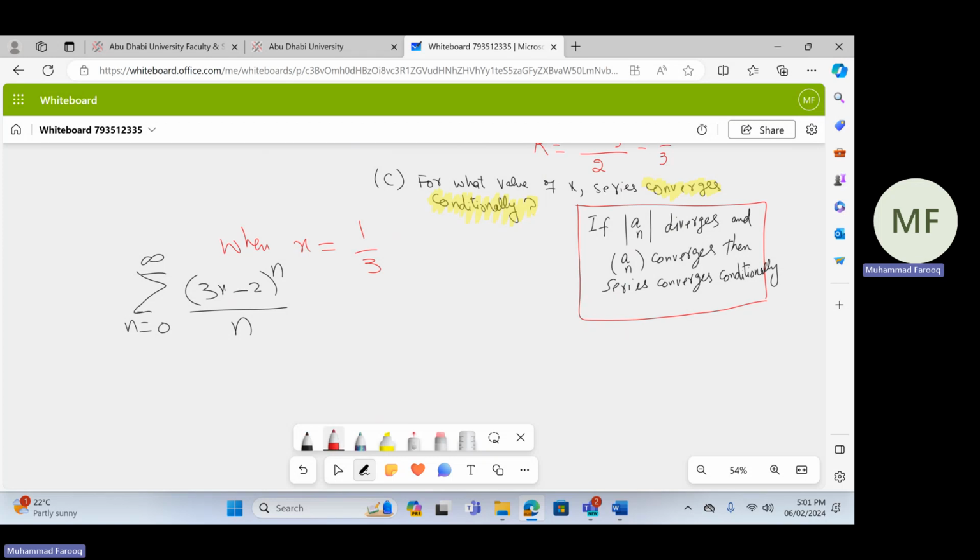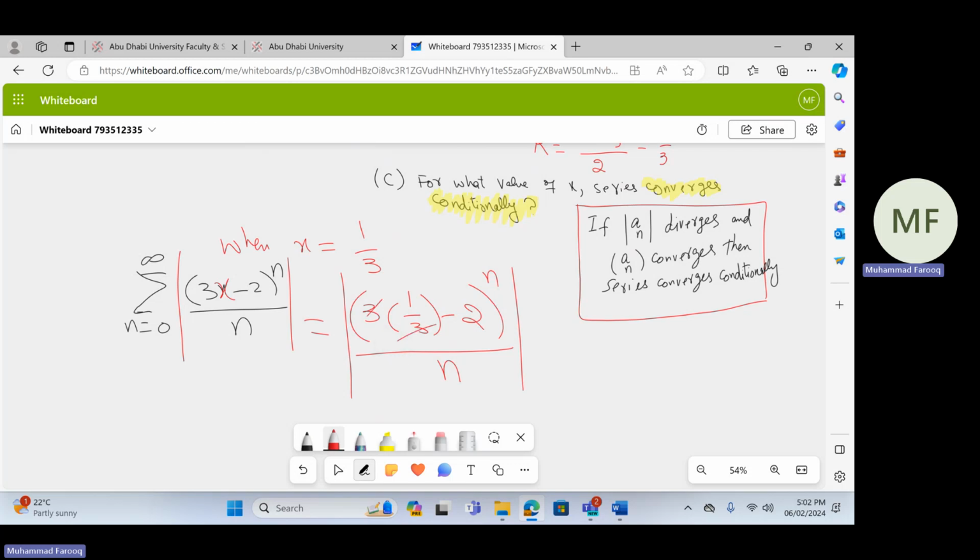For conditionally converges, the first calculation is with what? First of all, we will check this behavior with absolute value. So put x equals 1/3. How much do you get? 3 times 1/3 minus 2, to the power n, divided by n, and we are using absolute value.